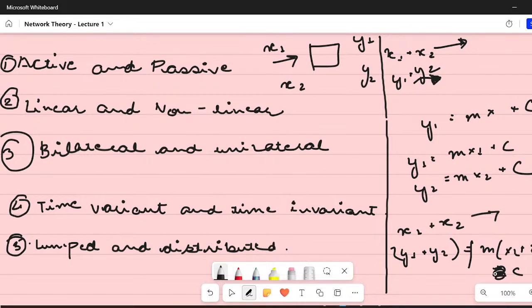Now, what is a unilateral element? Elements such as diodes. A diode, when forward biased, offers a very low resistance. And when it is reverse biased, it provides a huge resistance.